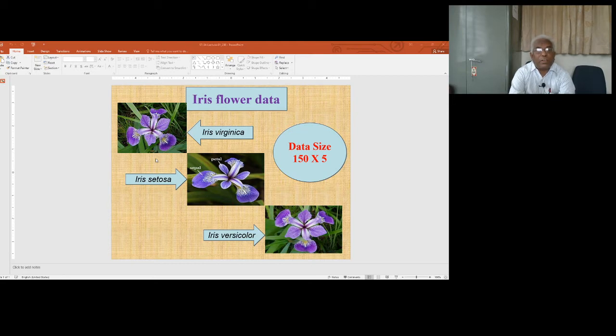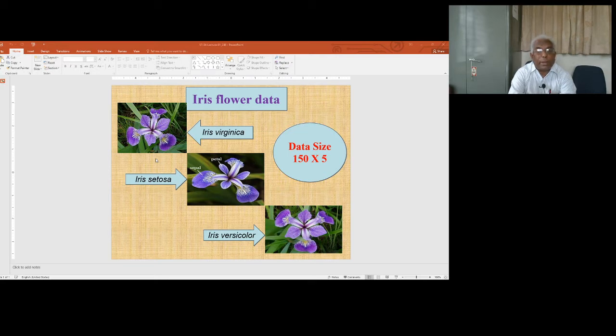How many different species of iris flowers are there? And try to collect many more pieces of information about the iris flower with respect to their species. Then you will come to know why this data is particularly selected for study purposes. You must understand and try to get the information.